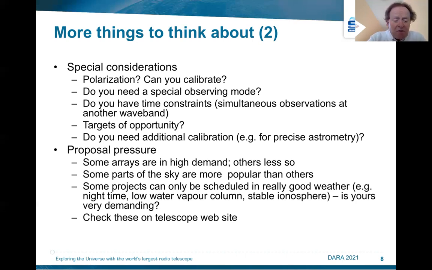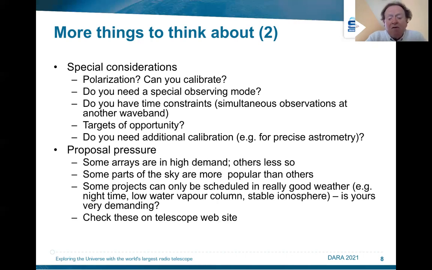Then another problem, which is particularly acute at very low and very high frequencies, is whether the project can be only scheduled in really good weather. So for very high frequency observations, you need low water vapor column and very stable troposphere.